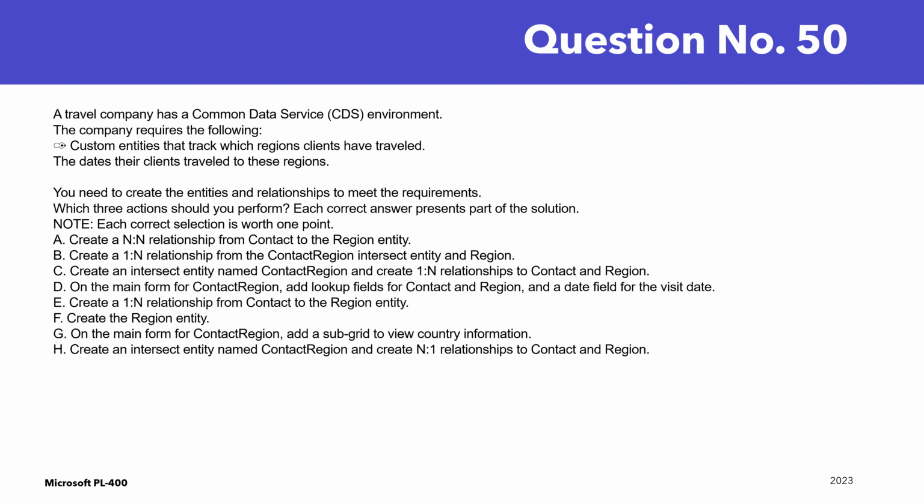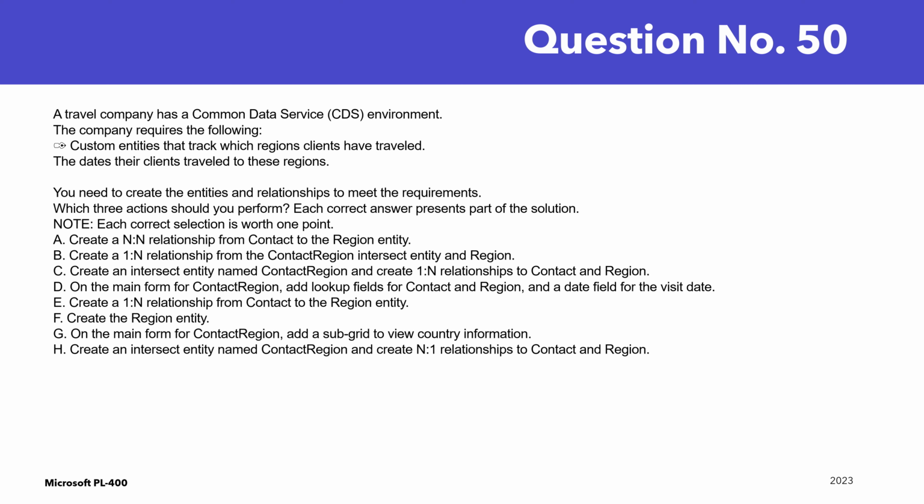A. Create an 1:n relationship from contact to the region entity. B. Create a 1:n relationship from the contact region intersect entity and region. C. Create an intersect entity named contact region and create 1:n relationships to contact and region. D. On the main form for contact region, add lookup fields for contact and region, and a date field for the visit date.